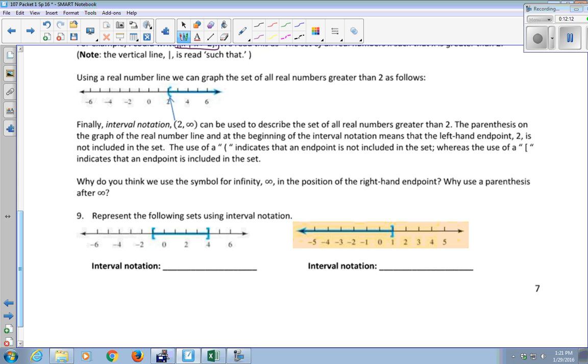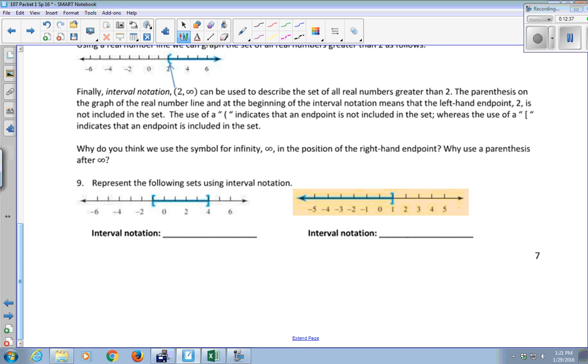And I don't include the infinity because infinity is not actually a number. You can't ever get there. Like if you're counting, you would never go, and infinity, right? So we can't put infinity in the set because it's not really a thing. So infinity always gets a round bracket. Square brackets would mean include the endpoint.